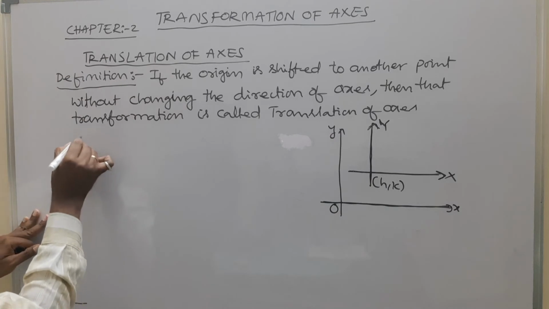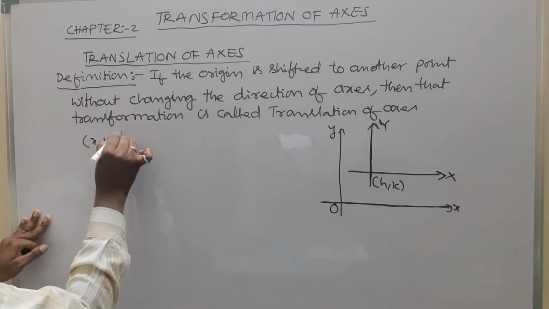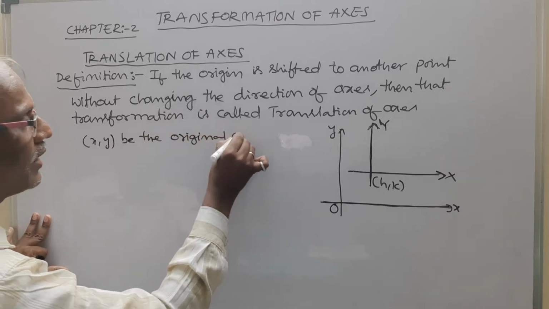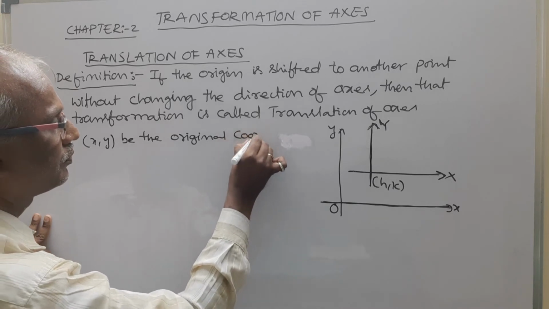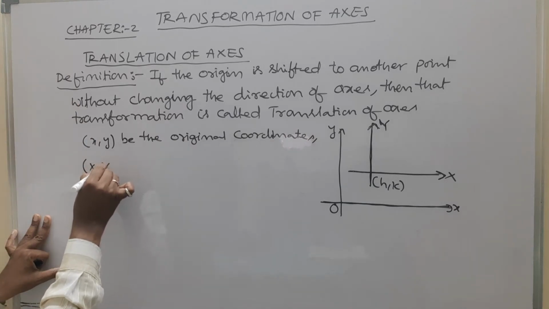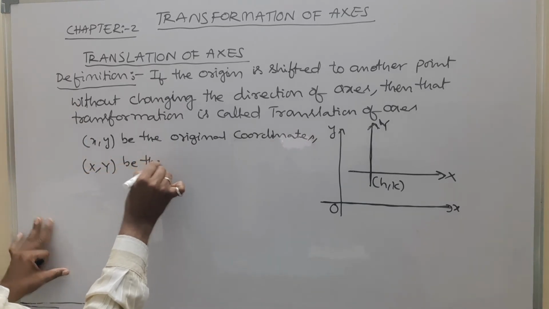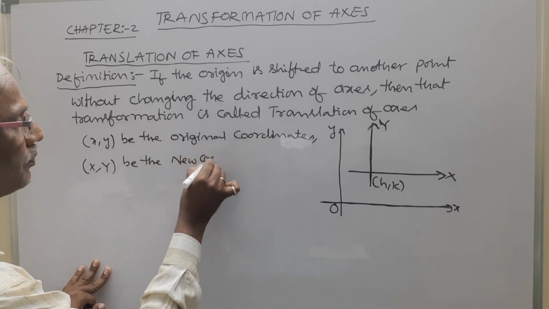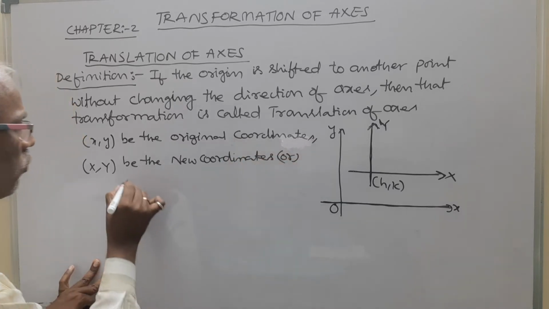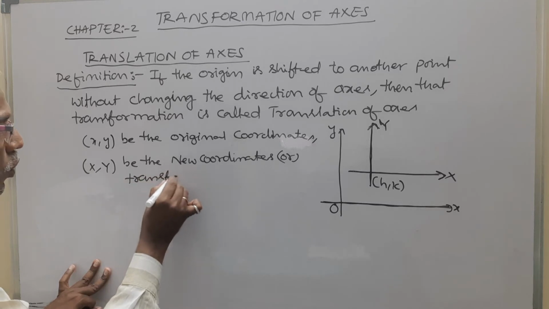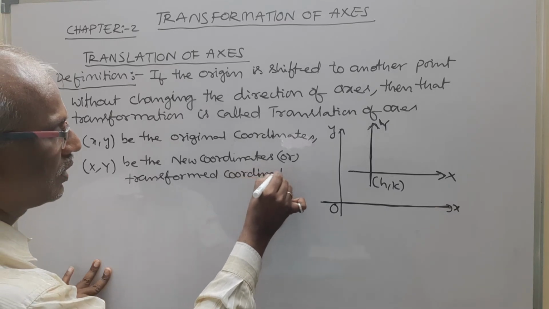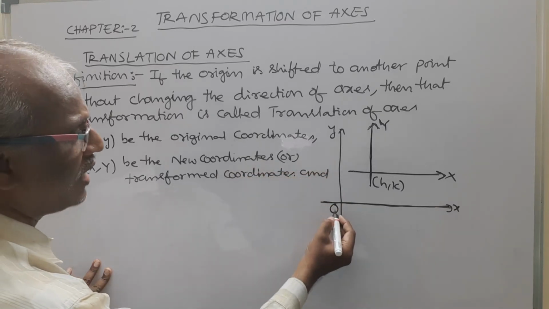In this system, small x, small y are the original coordinates, capital X, capital Y are the new or transformed coordinates, and the origin is shifted to another point.